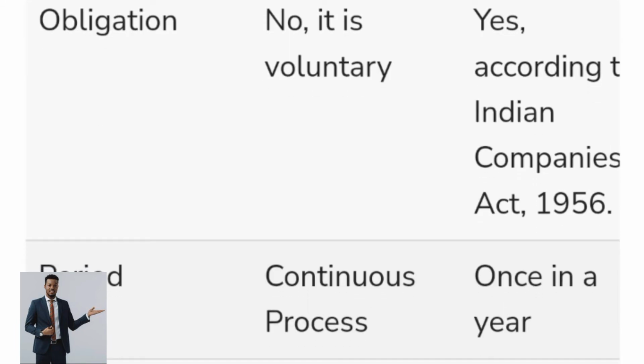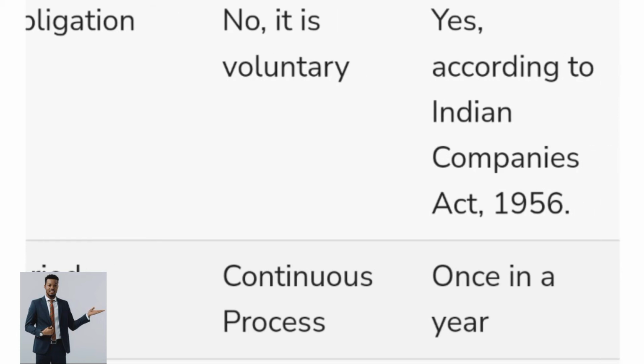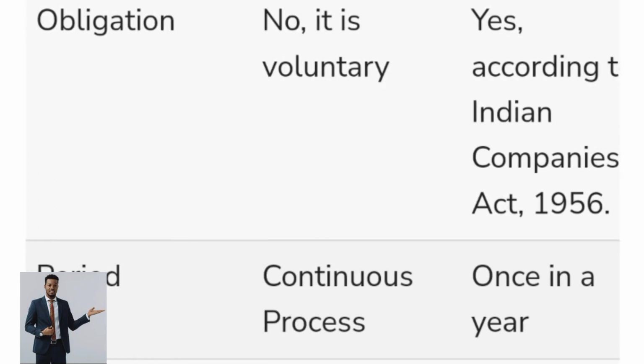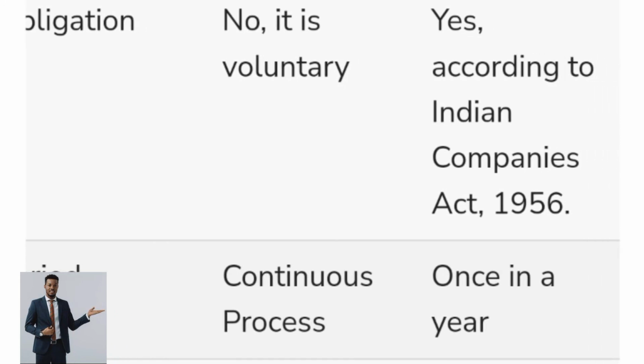Obligation: internal audit is not compulsory, it is voluntary. It is the company's wish to have an internal audit or not, whereas for external audit, according to the Indian Companies Act 1956, it is compulsory for companies.